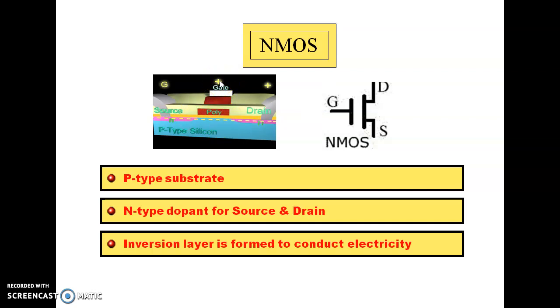Whenever we apply positive gate voltage, accumulation of charges takes place. Source and drain are of N plus material, so from the source and drain we'll have accumulation of electrons. Even minority carriers from the P type substrate come and accumulate to form a channel. That is called an inversion layer, because in the P substrate, an N type structure is formed.